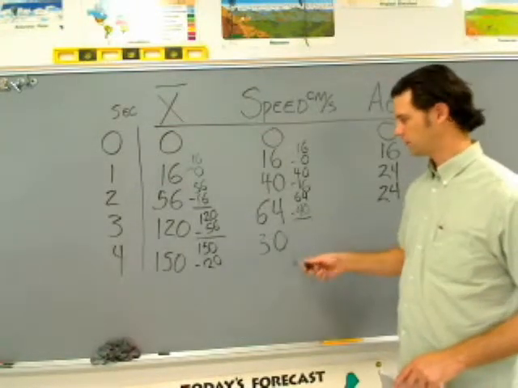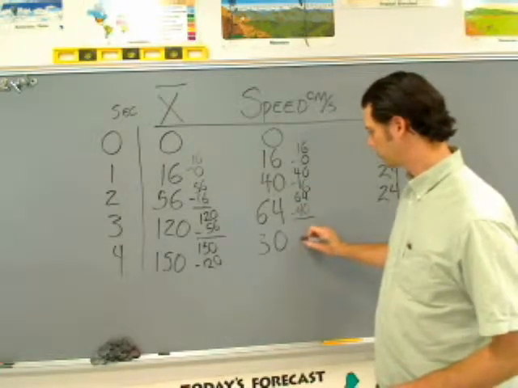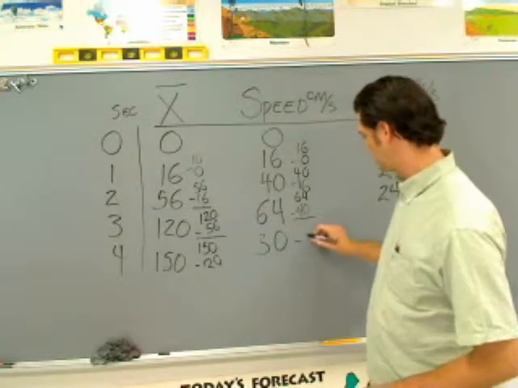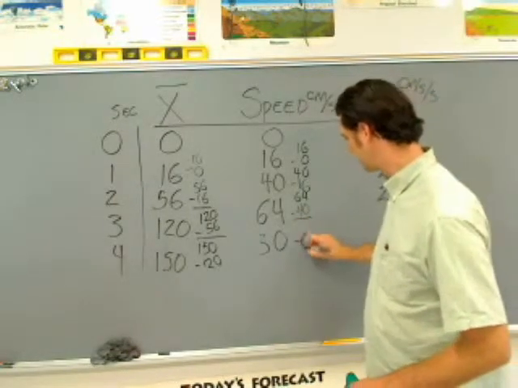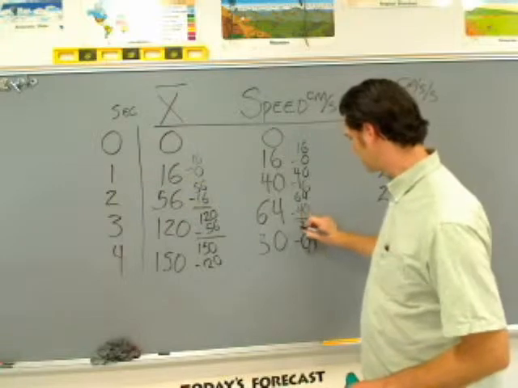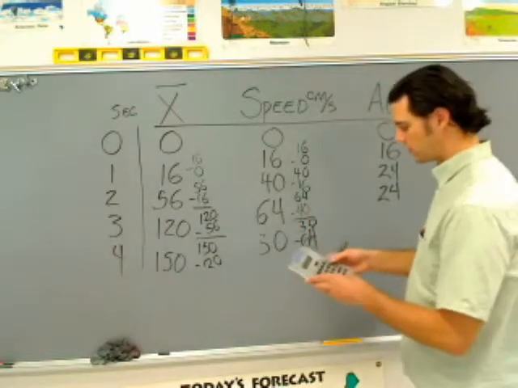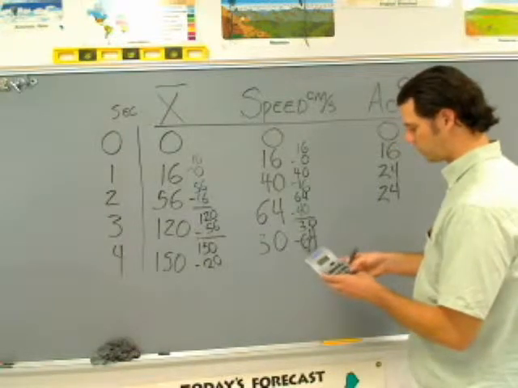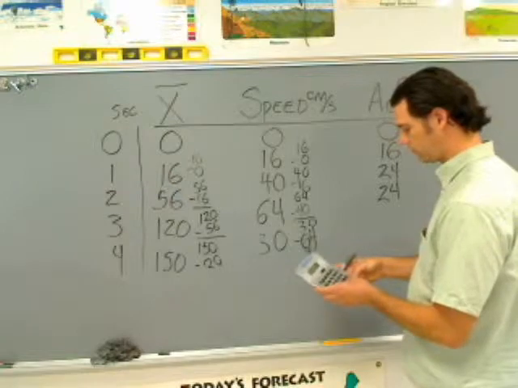Next, same thing. Take our final speed, subtract it from our original speed. So 30 minus 64.